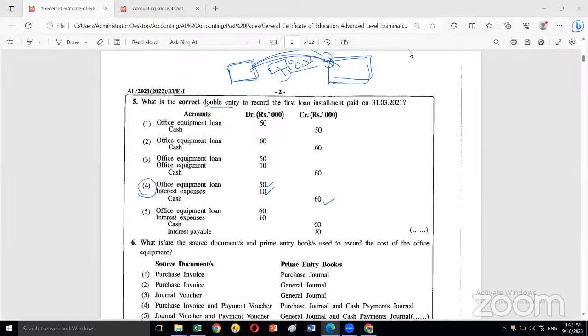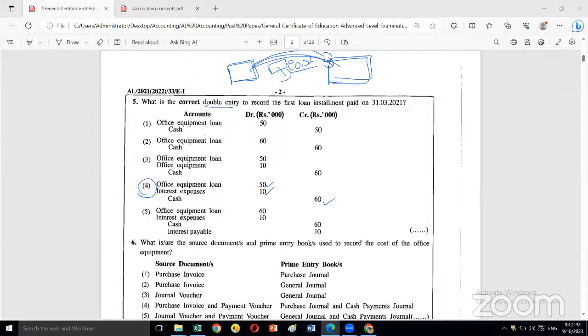Is it clear up to this? Yes, sir, very clear, crystal clear. Fine.